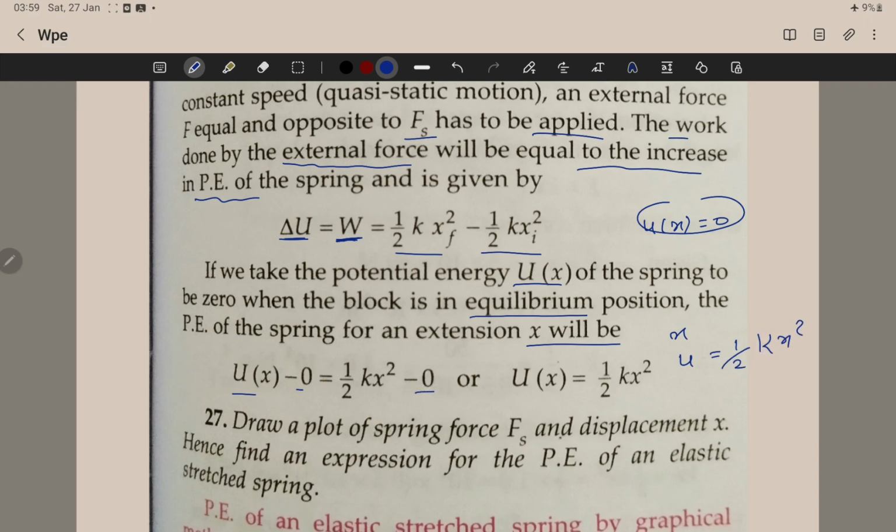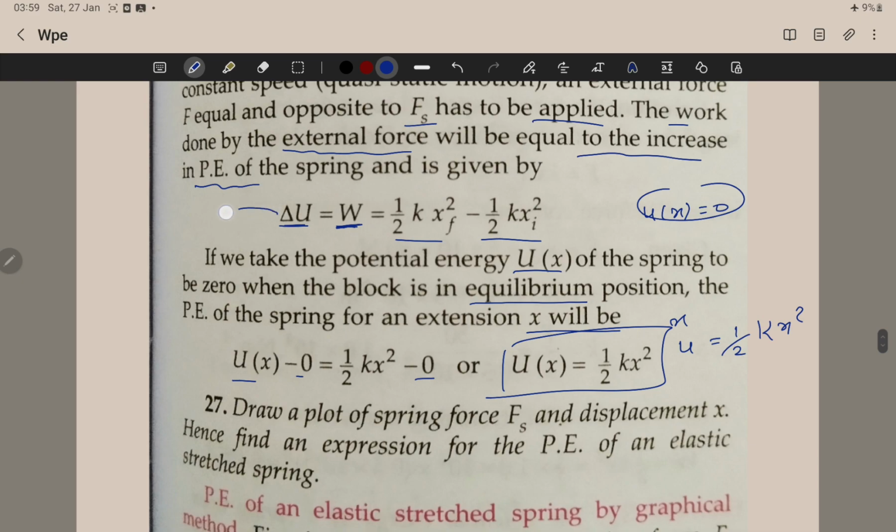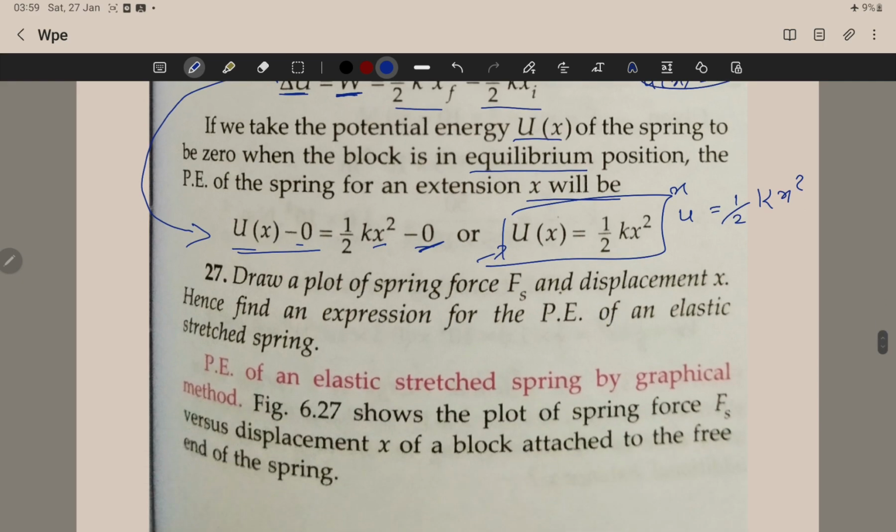So if we find the change from x to equilibrium, the U at any point x is half kx square. If we put in the final position as x and the initial position as 0, this becomes U(x) minus 0, so we get the potential energy as half kx square.